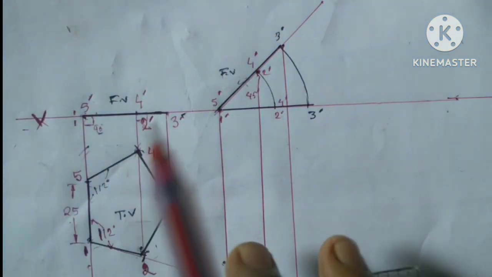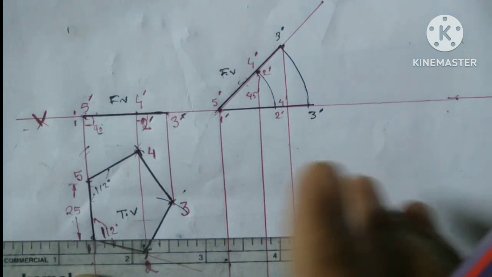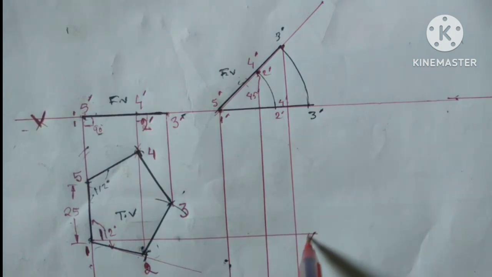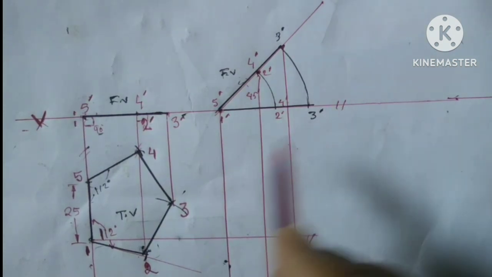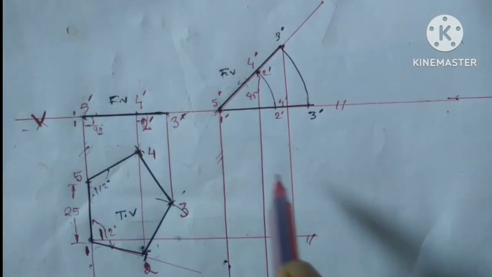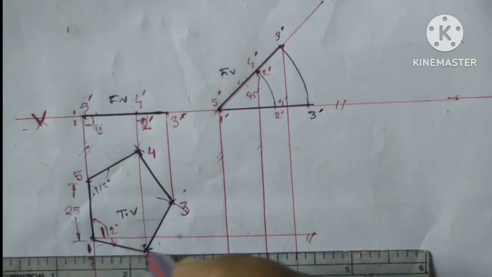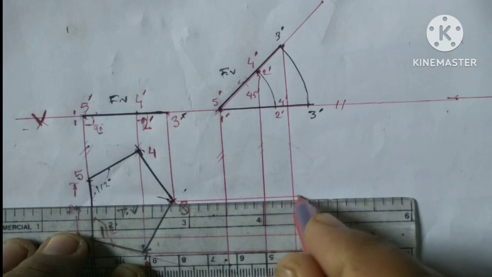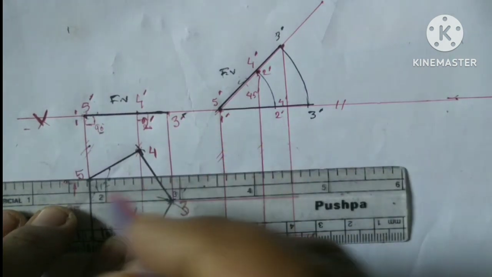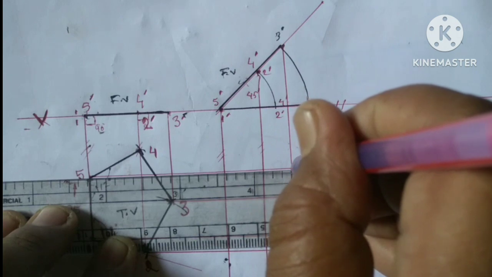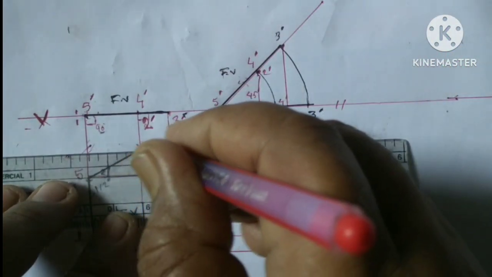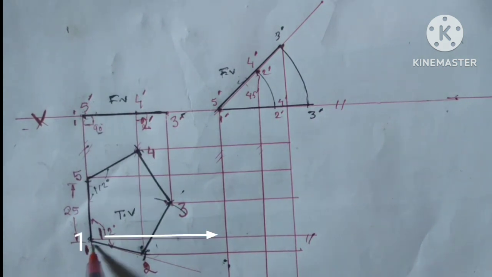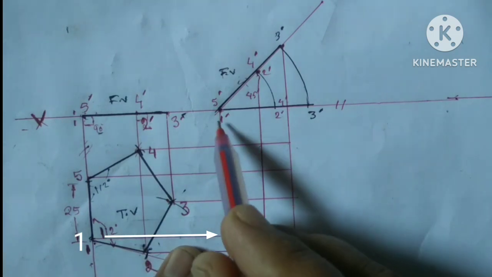And simultaneously we will draw projection lines from the points of the previous true top view, and these projection lines will be parallel to the XY ground line. Carefully draw these lines parallel to the ground line XY. Now mark the intersection points coming from the same point between two views.